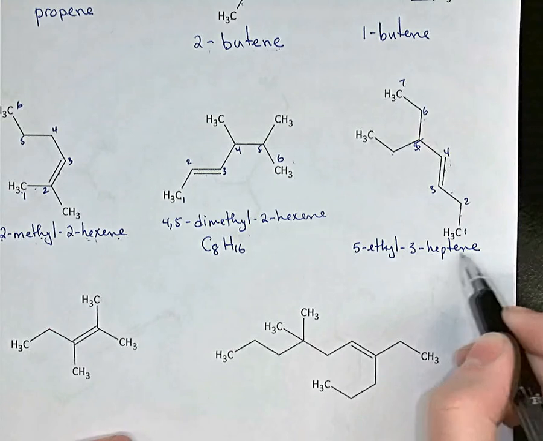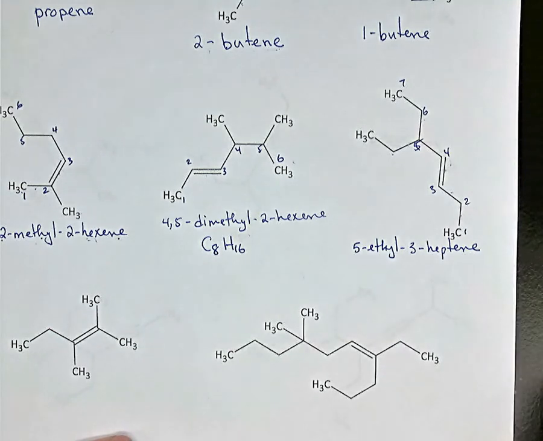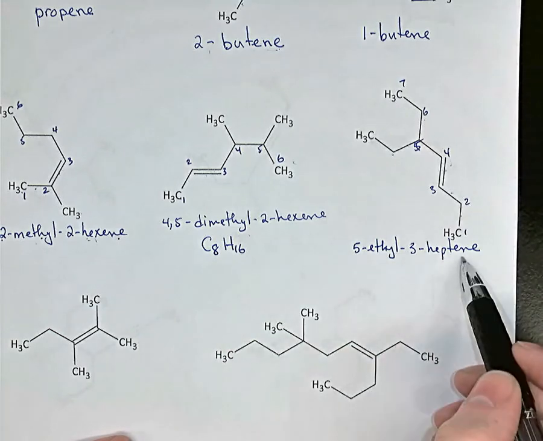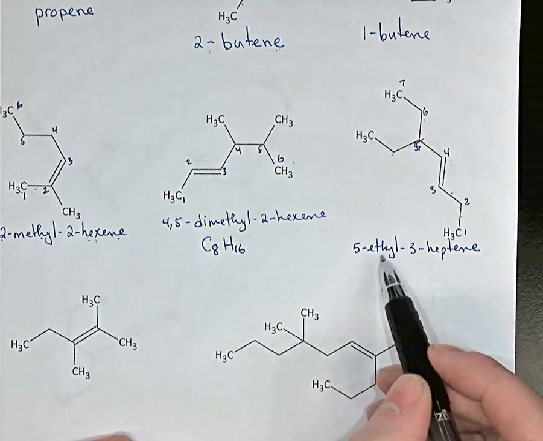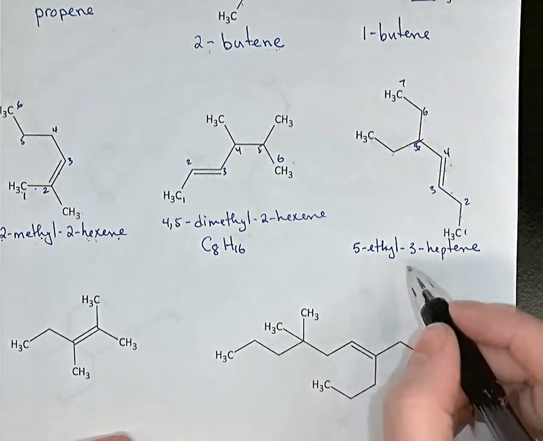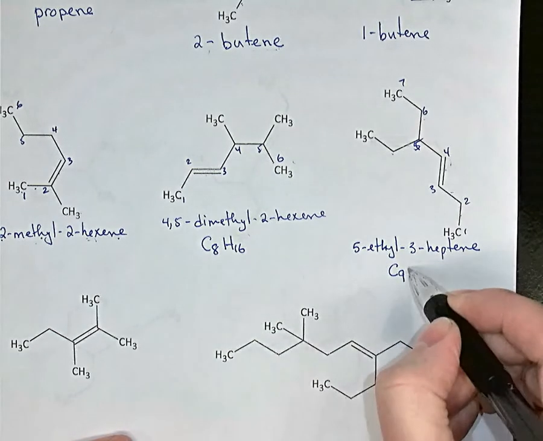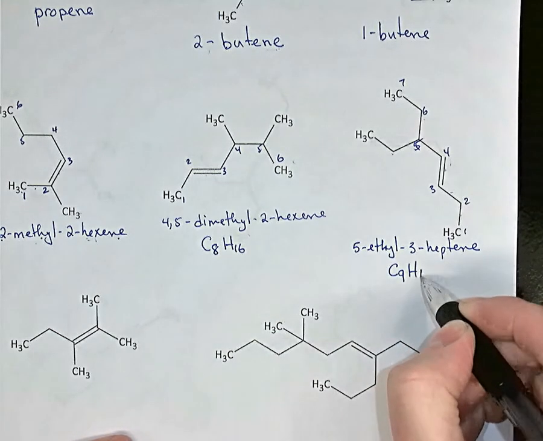Okay, and alkenes, their names will always end in ene. There's a double bond present. This guy's molecular formula, heptene has 7 carbons, ethyl has 2 carbons, so this is C9, 7 plus 2, and then twice the number of carbons, H18.